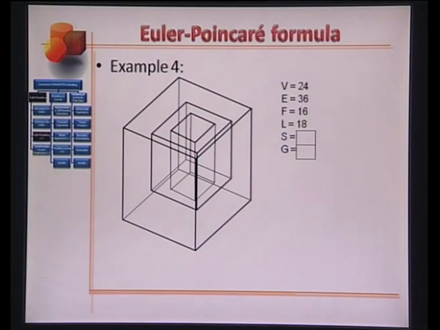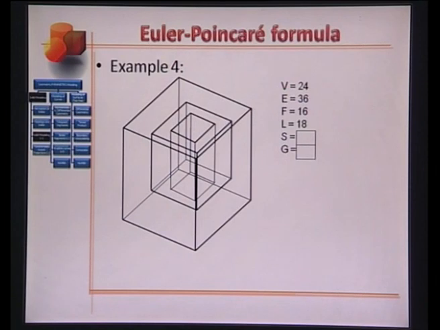What would be the shell value? Now, if you look at this polyhedral solid closely, there are two bounding surfaces. One that corresponds to the outer cube and the one that corresponds to the two inner blocks, which looks pretty much like a torus.